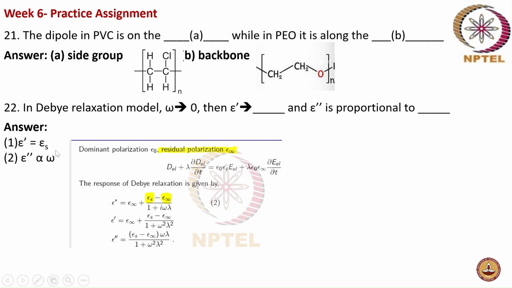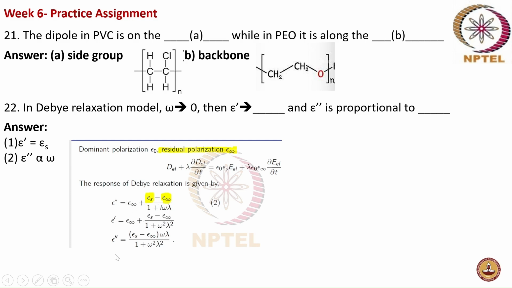When omega tends to 0, in epsilon prime, in the denominator, your omega is 0. So the omega term goes off, and epsilon infinity plus epsilon s minus epsilon infinity, you will get epsilon s as the dominant polarization value.